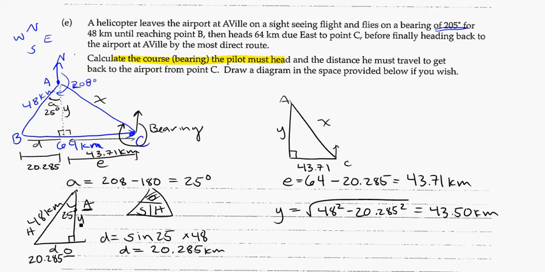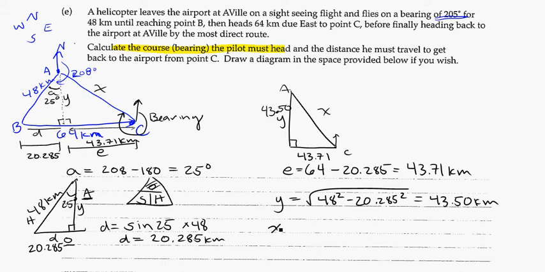And remember, if you wanted to, you could have used sine or cosine or tangent over here as well. So that distance, that height of the triangle, 43.5, is this one here. So that's also this edge here on this triangle. 43.50 kilometers. Okay, now we know two sides. We've got 43.5 and 43.7. So we can find the hypotenuse there.